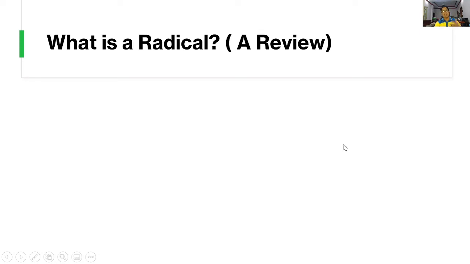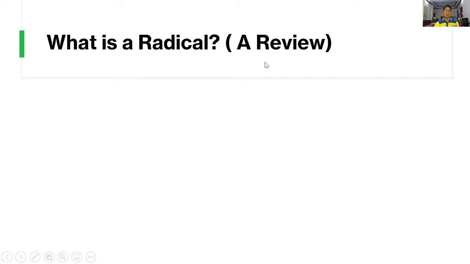Now, let's have a review because we will be talking about radicals. What do you mean by radical? If you notice, we have here now a review. But this time around, meron pong idinagdag ng konti si Sir. Okay? So pagka kinukuha natin yung definition ng isang bagay, my idea of getting the definition will be getting the etymology of the word.